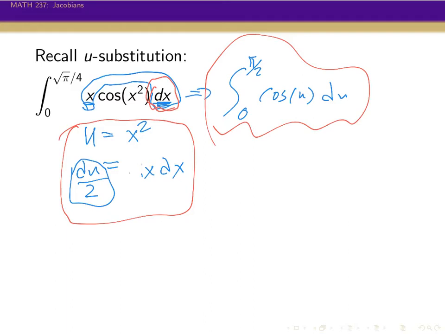And so this calculation in red is really doing the translation of lengths from x into u. Okay, and so we're going to need to do the same sort of thing when we do this in higher variables, except instead of worrying about lengths, we're going to be worrying about areas.